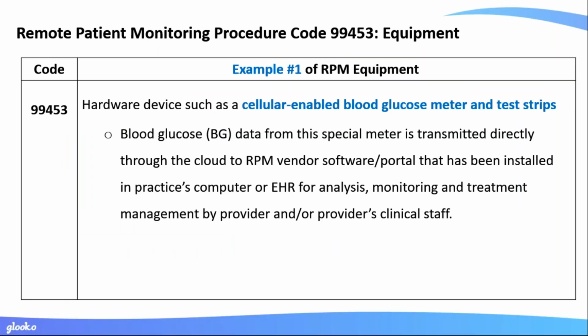So I'm going to go through these examples, and then I'm going to ask Ryan if there have been any questions inputted into the chat box when we go through these examples on the equipment. So on this equipment, the device supply, hardware devices such as cellular-enabled blood glucose meters, this would count. This would count because the meter has this ability to transfer that data wirelessly, and it is an FDA defined medical device.